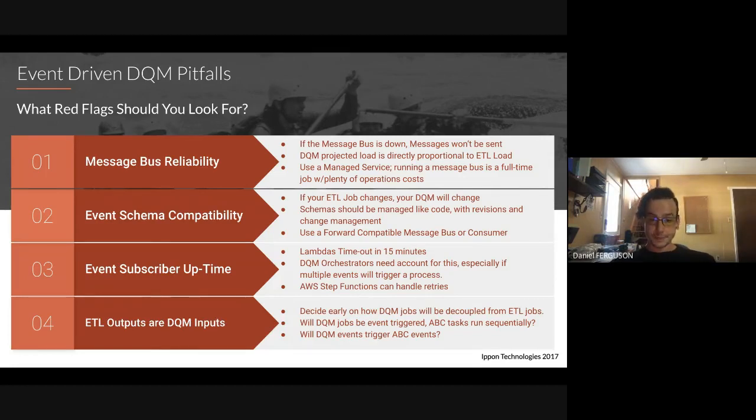In addition, if you do decide to use a message bus that supports an event schema, you do have to be conscientious of event schema changes. If your event schemas change and you haven't updated your publishers and consumers to use the newest version of the schemas, then you could have some downstream repercussions. This is typically only a problem with message buses that are pretty large and have anonymous consumers.